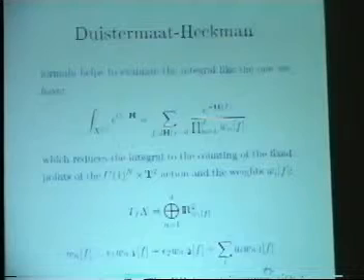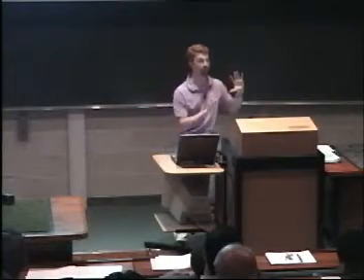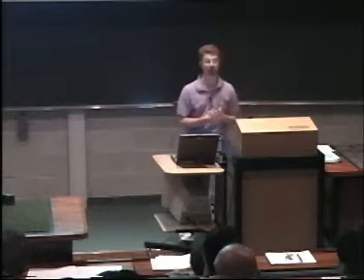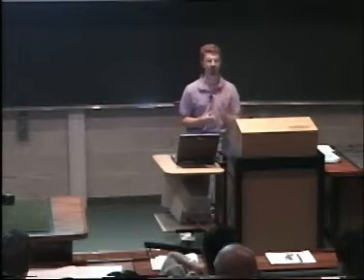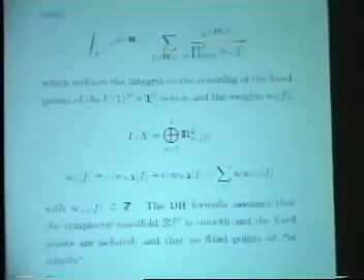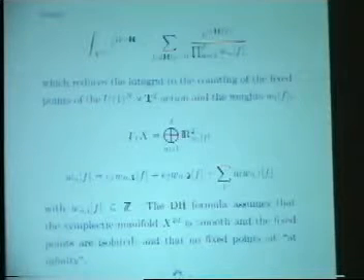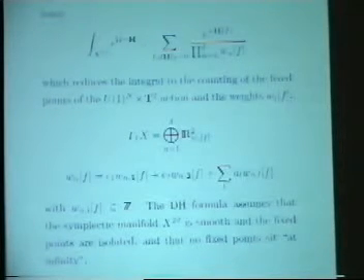So instead of taking this complicated integral over this moduli space, which we don't really know what it looks like, we only have to enumerate these fixed points and calculate some local data around the fixed point. So life would be nice and simple.